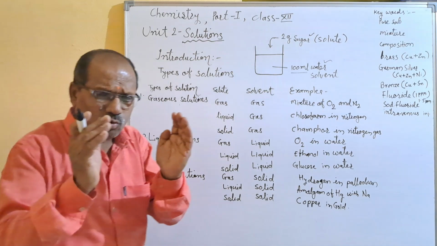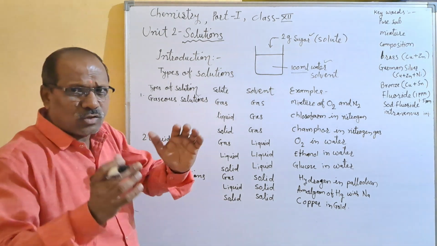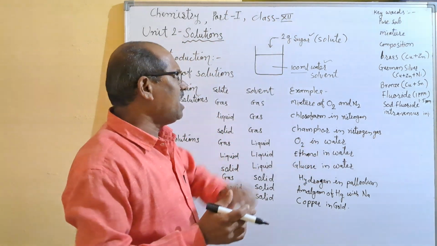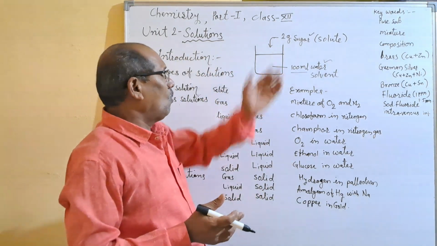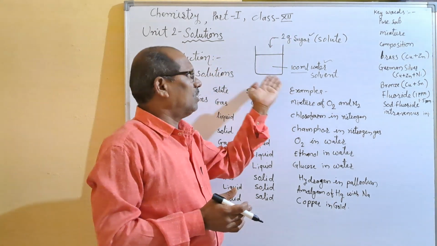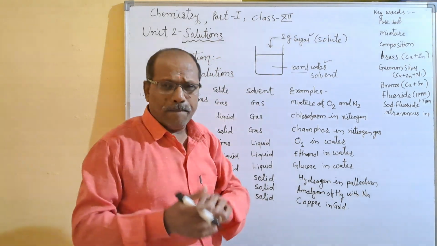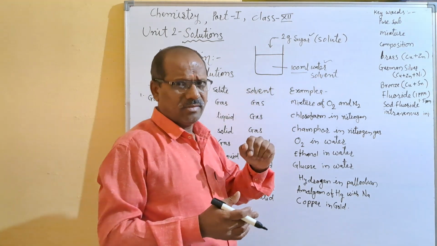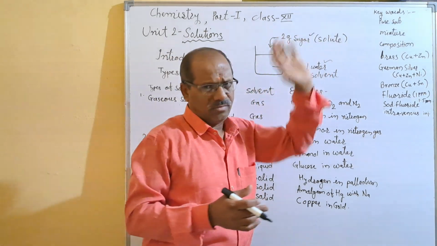These are the two constituent parts or components of the solution. One is acting as a solute and another is acting as a solvent. There are different possibilities. One or more than one solutes may be added to the solvent, but amongst all these components, the component which is in a larger quantity is called solvent, and the component which is in a lesser quantity is called solute.